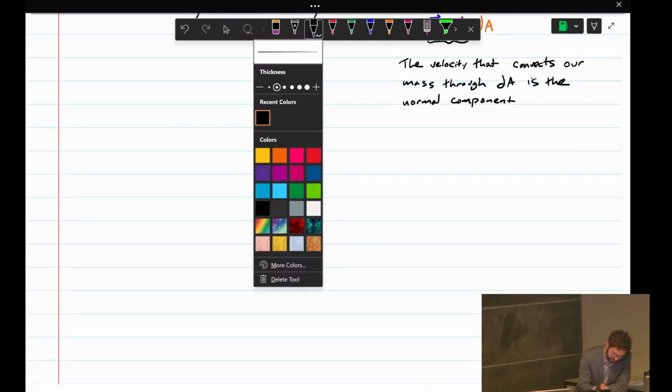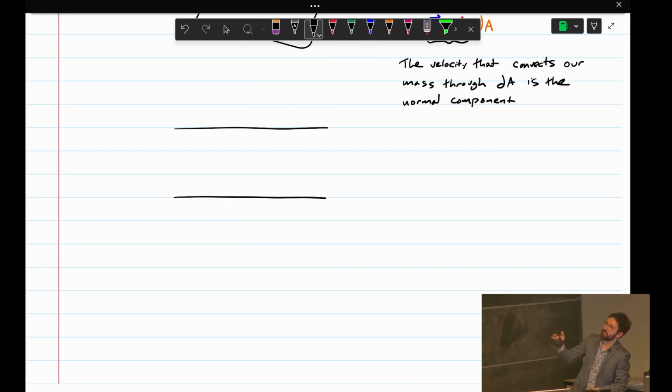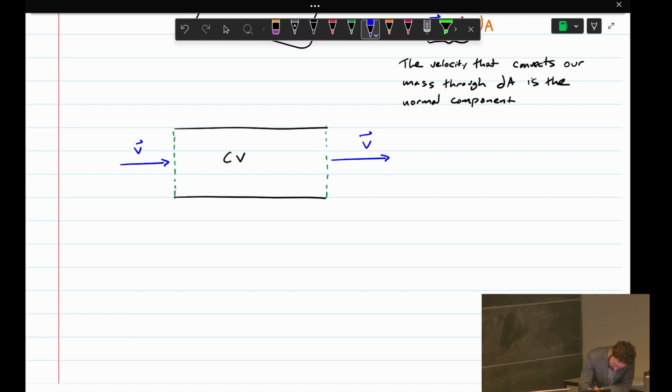Now there's an interesting thing to note about the v dot n. Let's say we have flow through a pipe or flow between two walls. We'll take our CV boundary as the pipe walls, so inside here is our CV. Say flow is coming in like this. Our normal vector always points outward. It's the outward pointing unit normal vector.